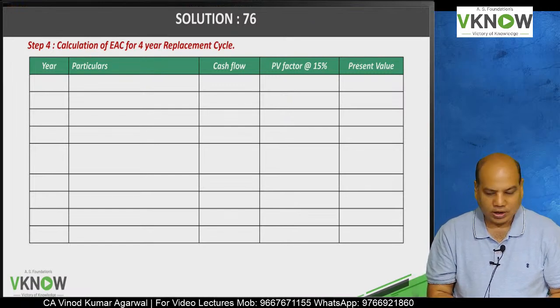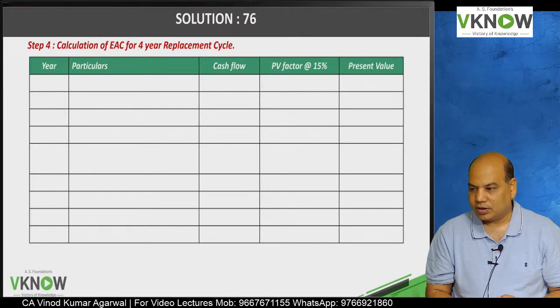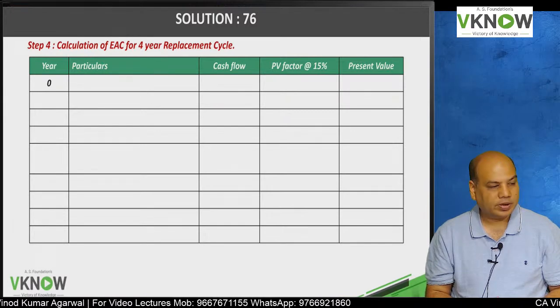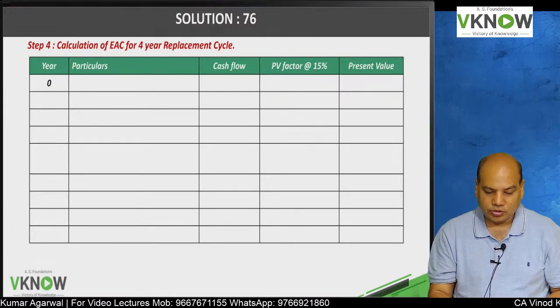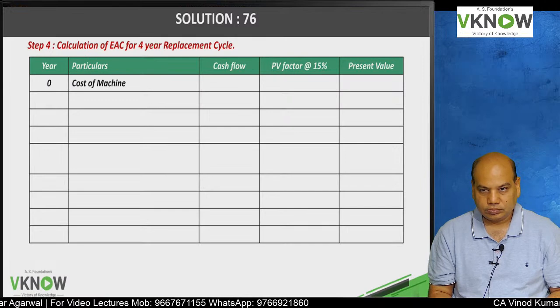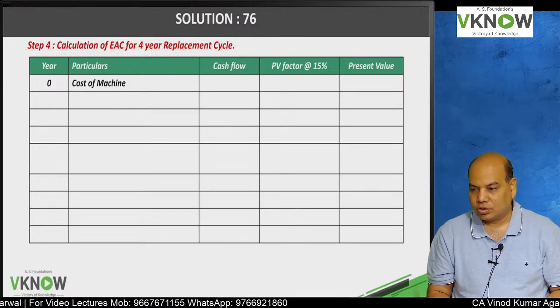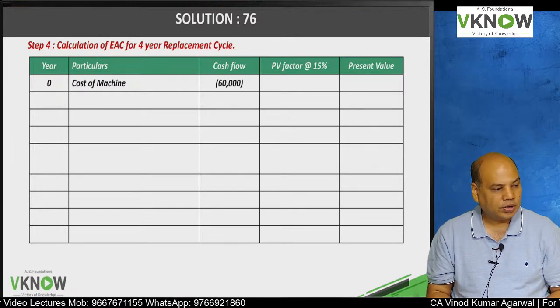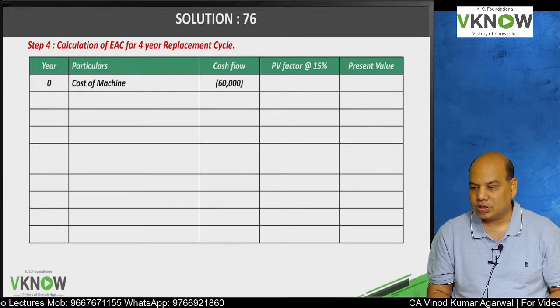Year, particulars, cash flow, PV factor and present value. Format is the same. Come on student. Year 0, cost of the machine, 60,000.